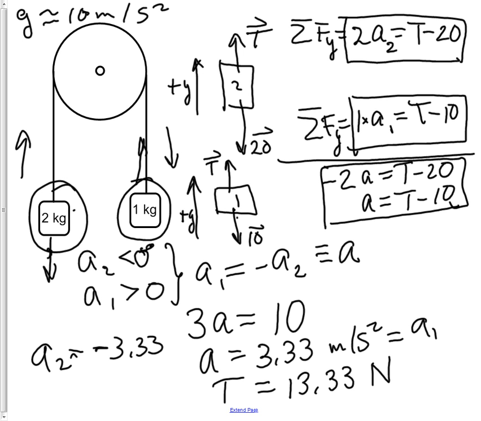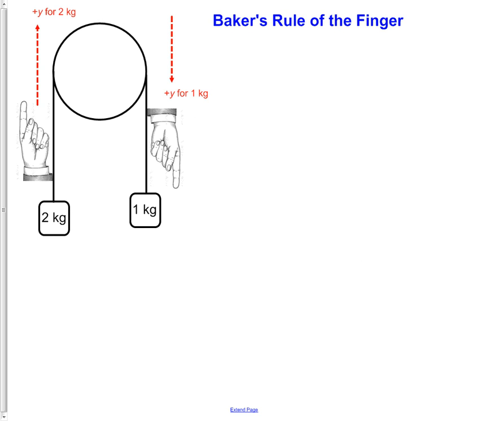Now, it seemed like there was an awful lot of thinking going on for an awfully simple sort of problem. And the thinking has to do with whether we have made the most clever choice of coordinate system or not. Okay, so I'm going to teach you another Baker's rule. I call this one Baker's rule of the finger.